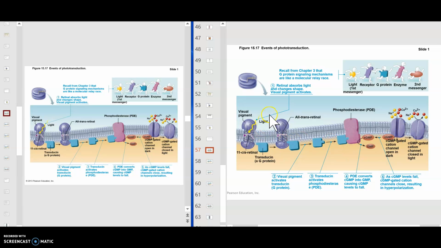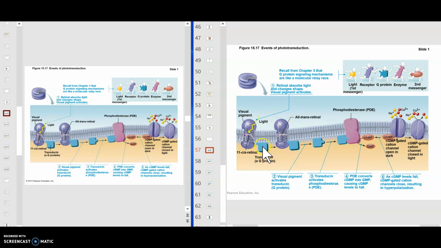So let's go back again. The light comes in. The membrane here of this disc holds the photopigment. The photopigment picks up the light. Okay, the retinal does, it picks up the light. When it picks up the light, that changes the configuration of the 11-cis form to the all-trans form.